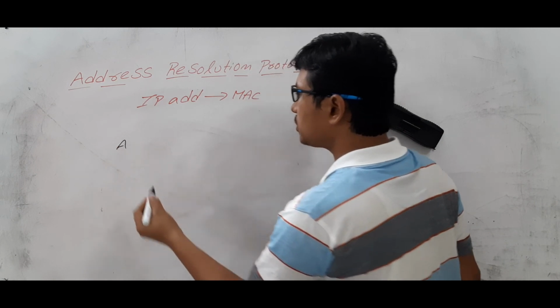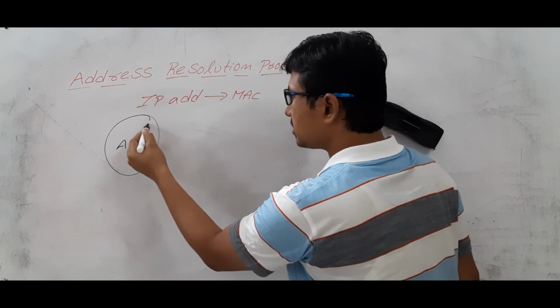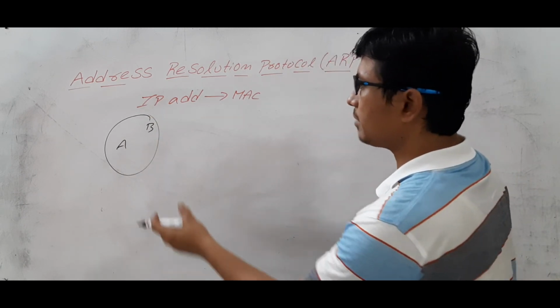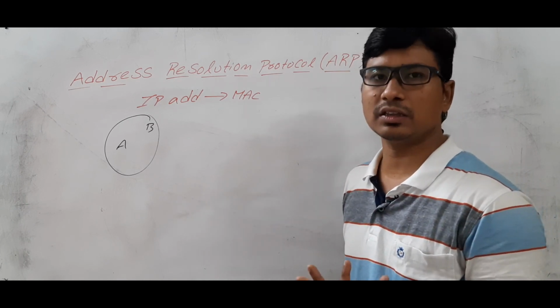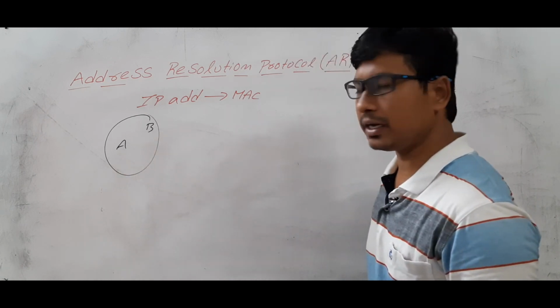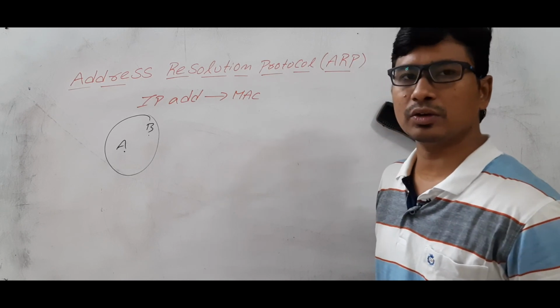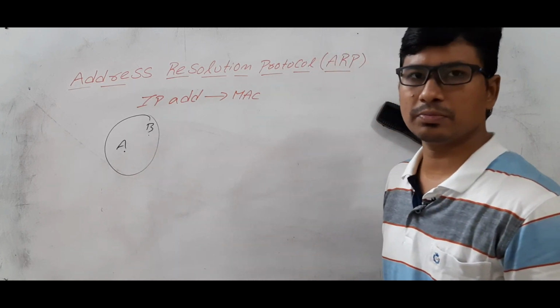Now, A wants to send a packet to B within the same network. Are you able to understand? A and B can be within the same network, or B can be in another network. These are the two situations you will get. If A and B are in the same network, still B does not know A's MAC address and A also does not know B's MAC address.